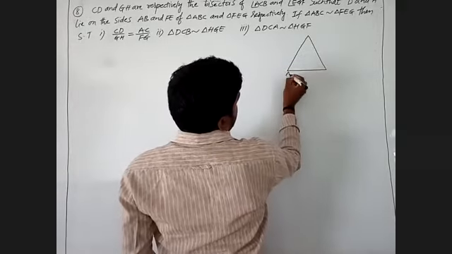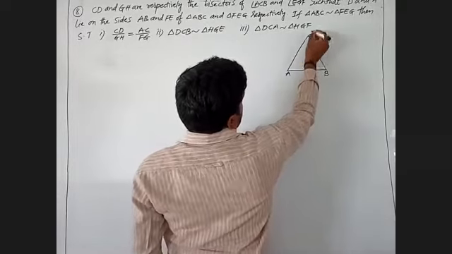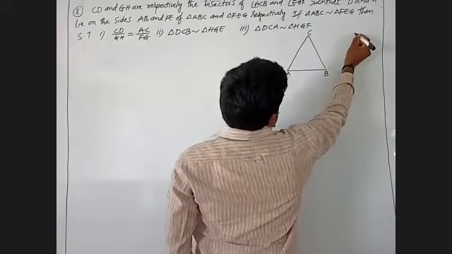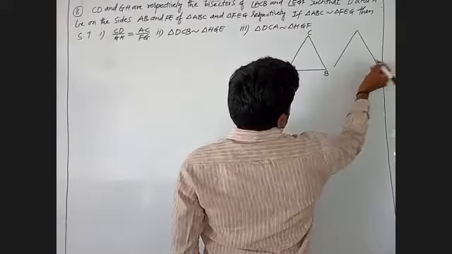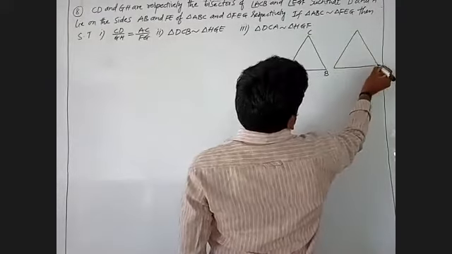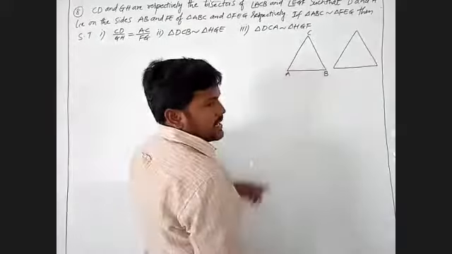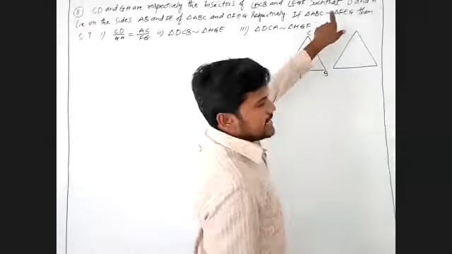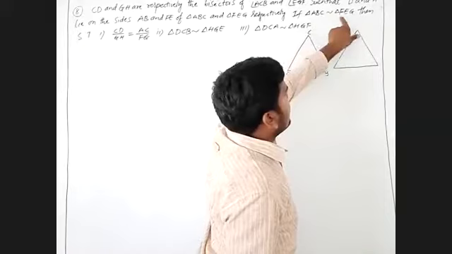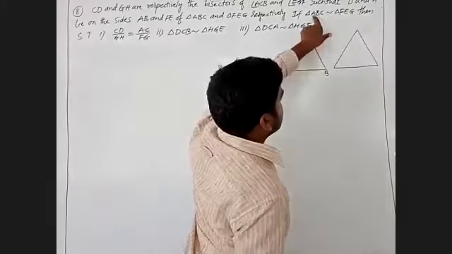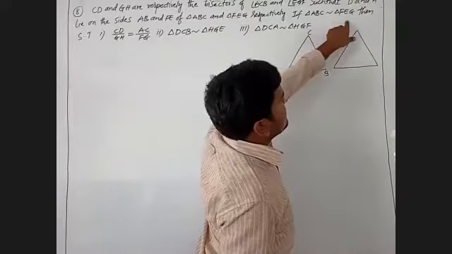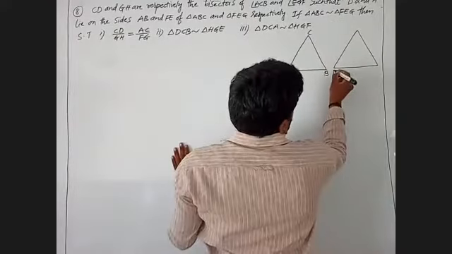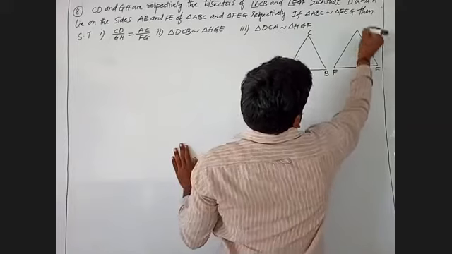This is named as A, B, C. After that, we write this other triangle. By the problem, triangle ABC is similar to triangle FEG. A corresponds to F, B to E, C to G. That I will write as F, E, G.